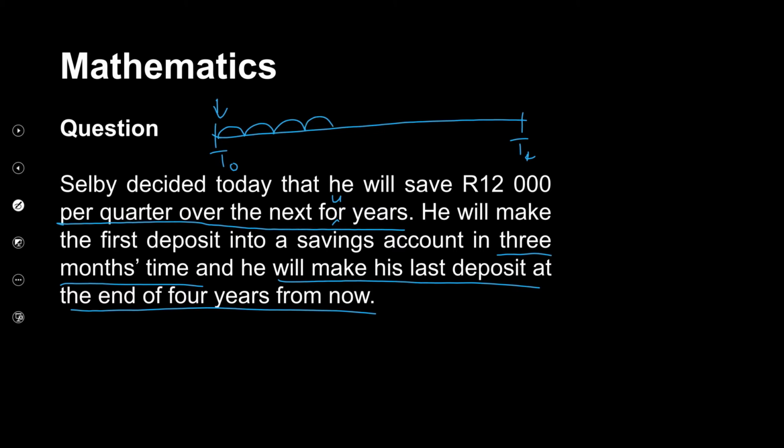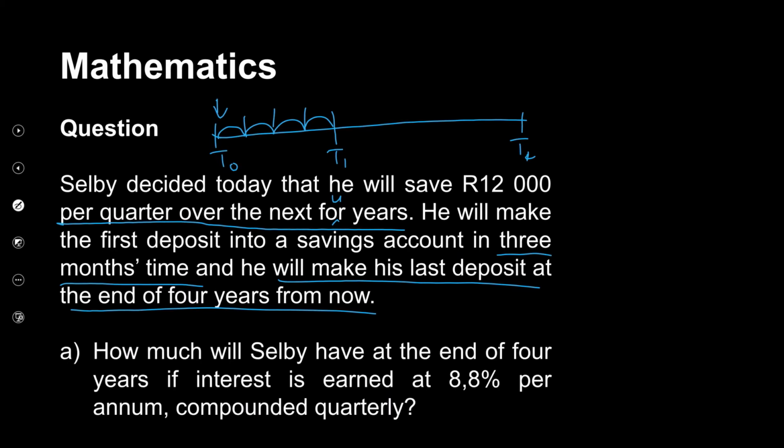So this will be T1, the end of the first period. So the first deposit will be there after the 3 months, second deposit, third deposit. So you're not cutting any deposit. It just simply tells you that Selby will make the payments on a quarterly basis for a period of 4 years.